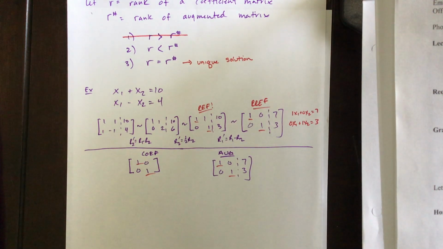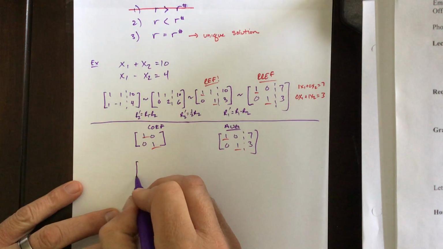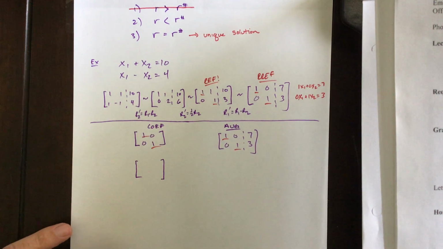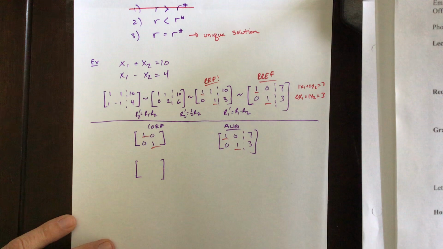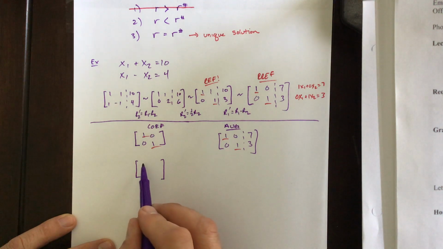Let's look at a pair of different coefficient and augmented matrices. What if we had a coefficient matrix where the coefficient matrix has one fewer pivot.